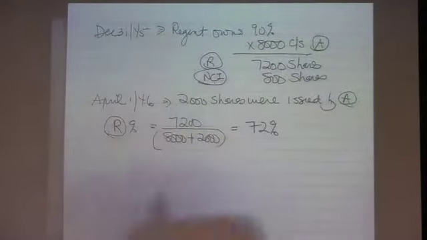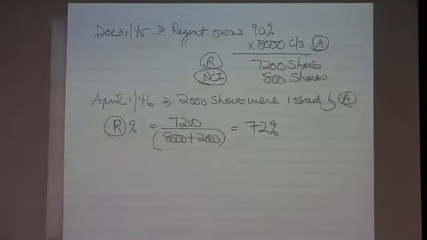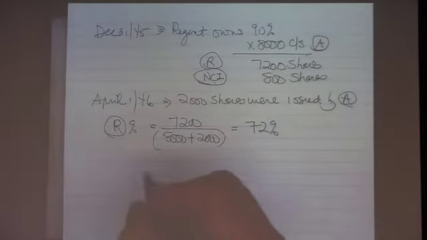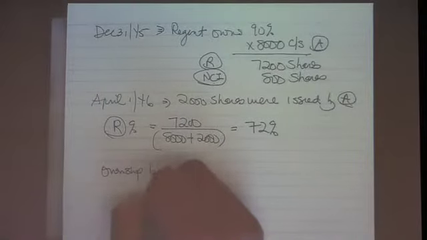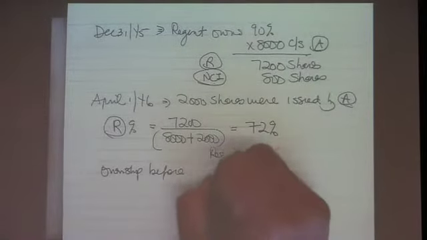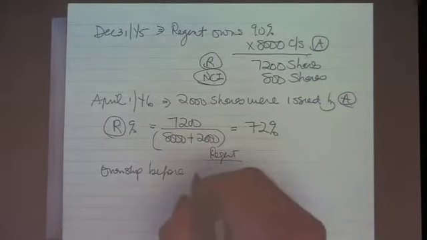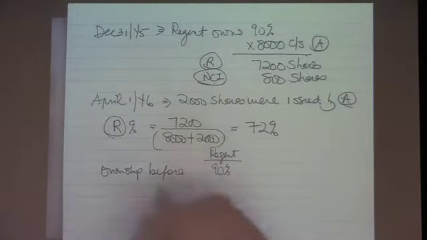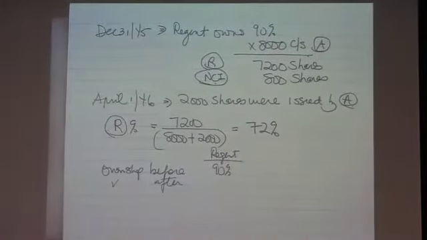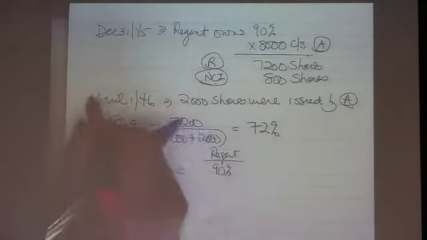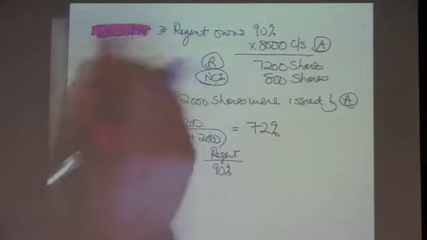So what I want to calculate is what percentage Regent disposed of by not participating. The ownership before, and this is Regent's only, was 90%. Ownership after, and this is April, right? So I want to highlight April. And this is December.